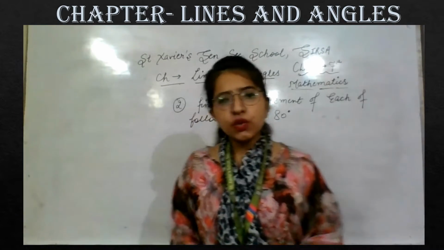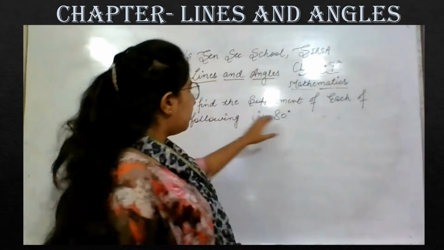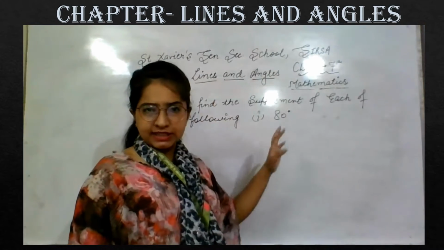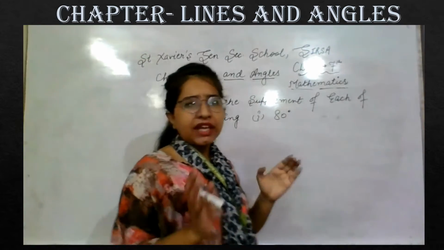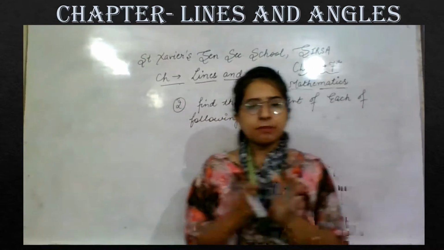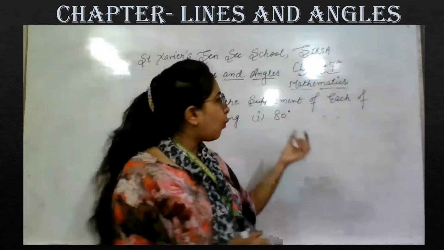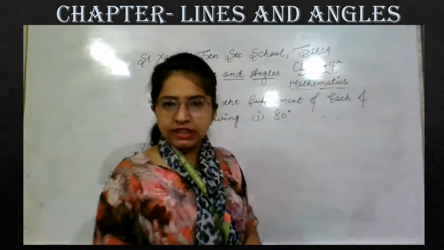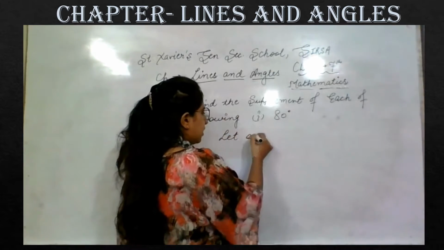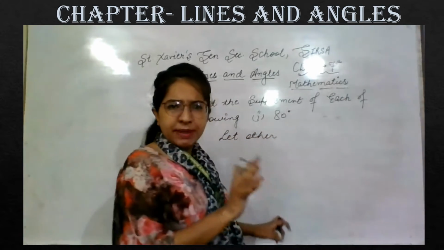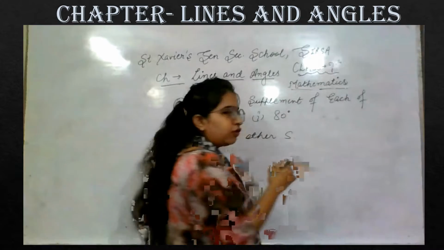So second question you can see on the board: find the supplementary angle of each of the following. First part only, that is 80 degree. As you know very well that the sum of two supplementary angles is 180 degree. One angle is given to you, other angle you can take, let it be X. Other supplementary angle, I will denote with SA.